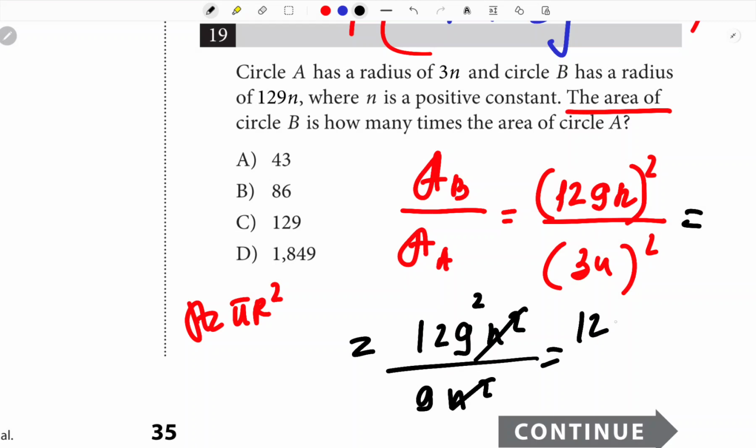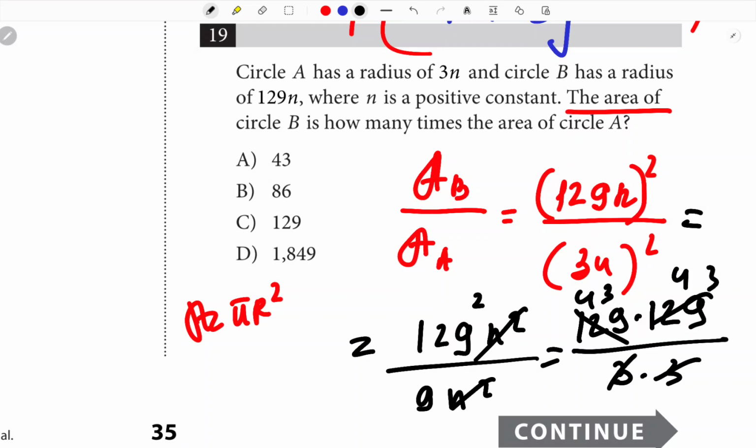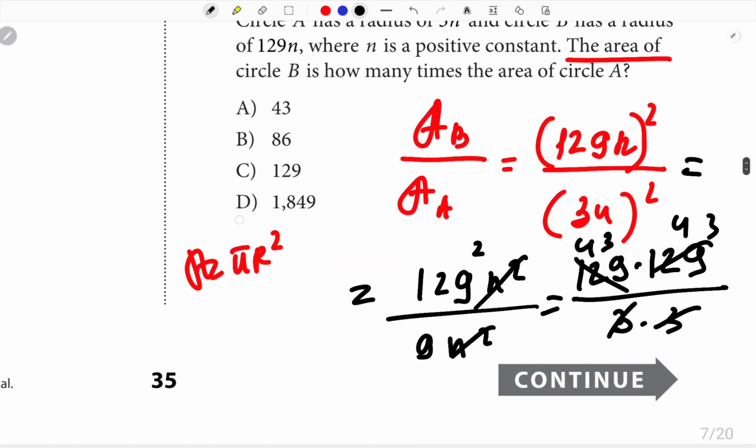I write like this: 3 times 3, and I can't divide it further. So this number gives us 43, and this number gives us 43. 43 times 43 is 1849.